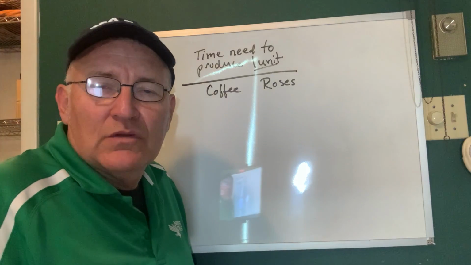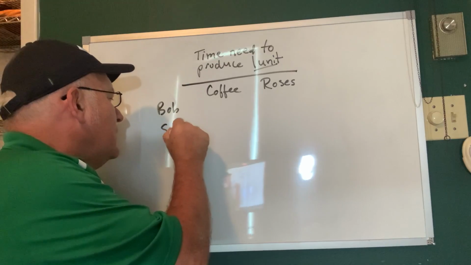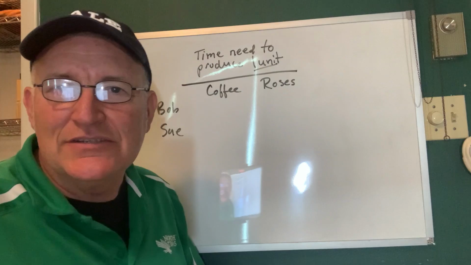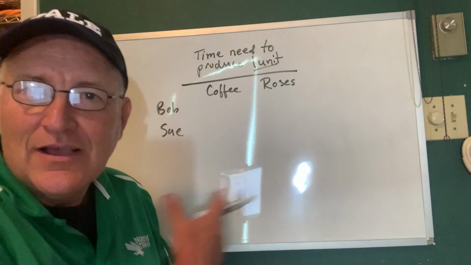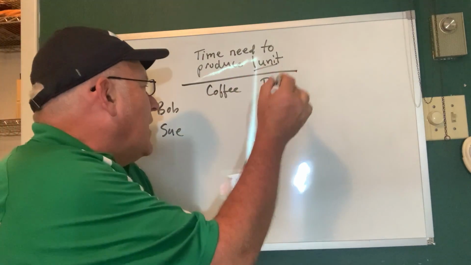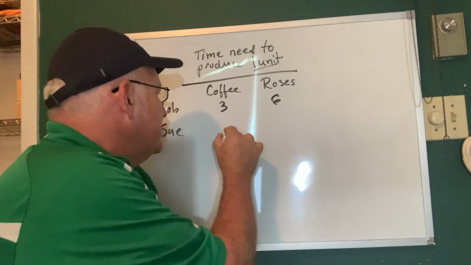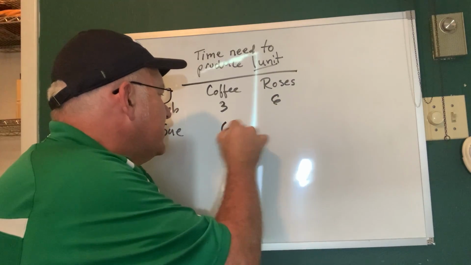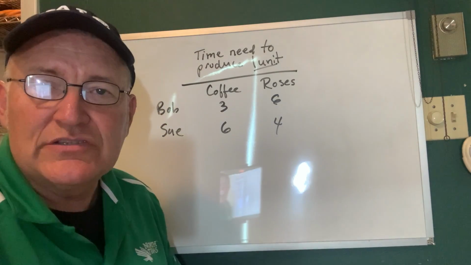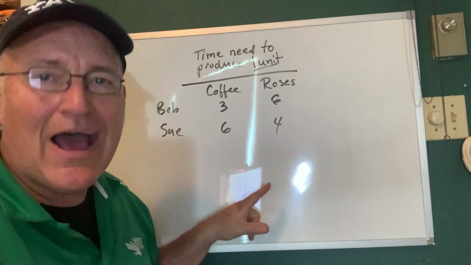We'll take two people, Bob and Sue. It's trade, so we could choose nations, but since this is a micro class, I'll stick with something micro. Let's make it 3 and 6 and 6 and 4. Now here's the difference, and pay attention to this. These are not units, these are hours.